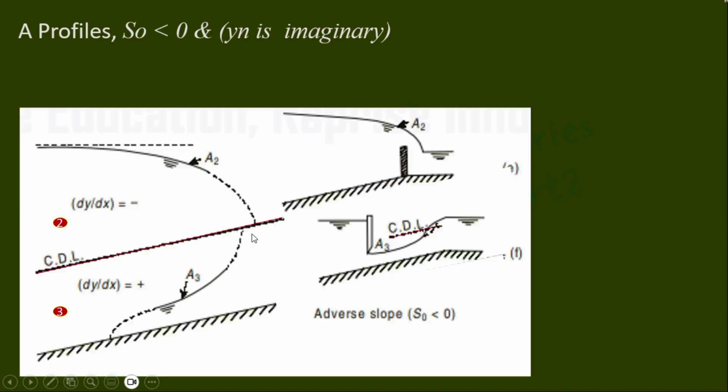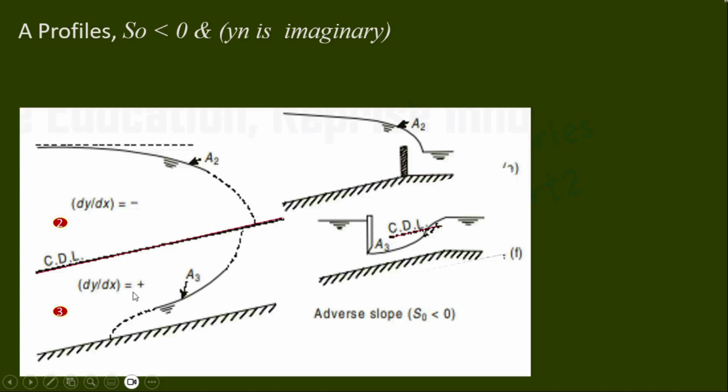Now let us consider the practical examples of adverse slopes. Here you can see that the slope is increasing in the flow direction. For the A2 profile, dy/dx is negative and it starts from zone 2, and because of the obstruction you can see that flow depth is decreasing in the direction of the flow. And for the A3 profile, it starts from zone 3.